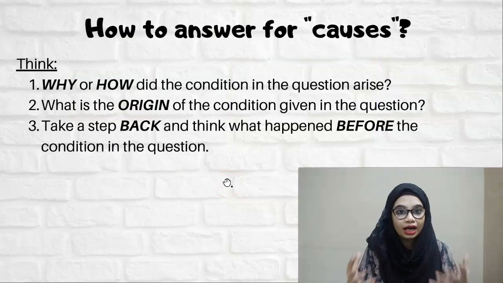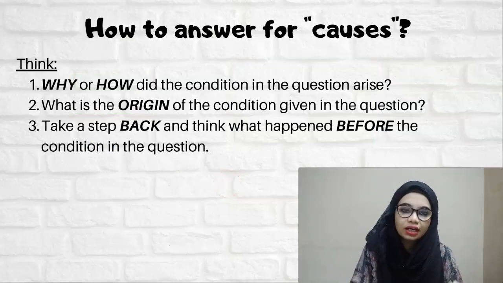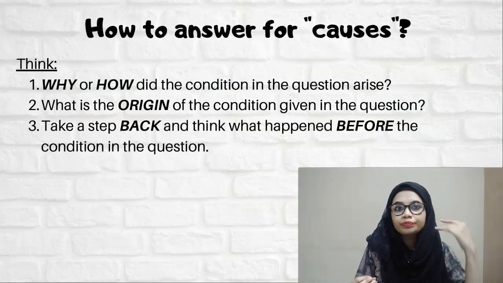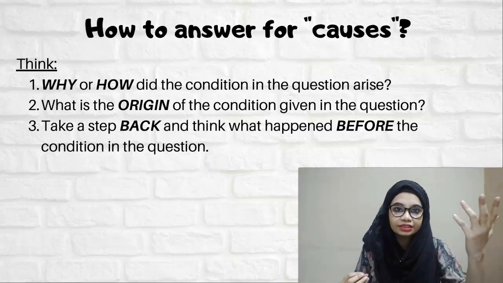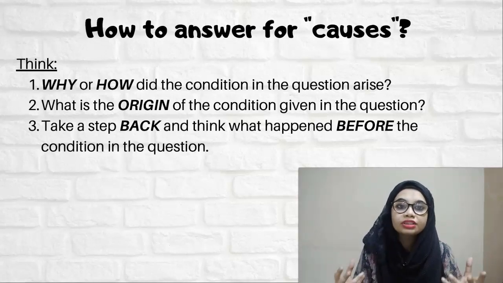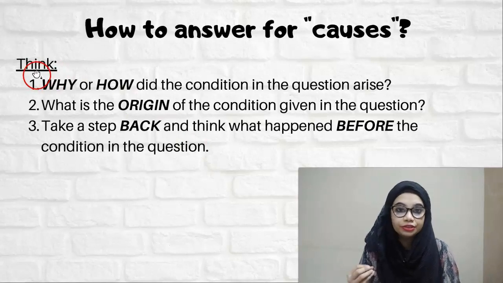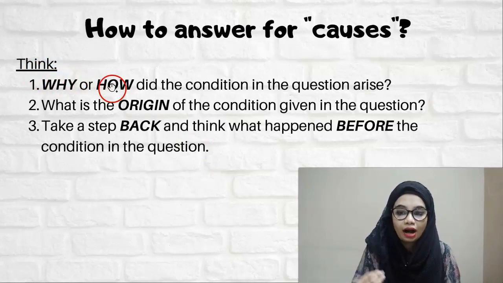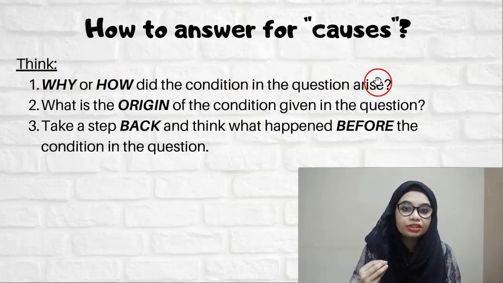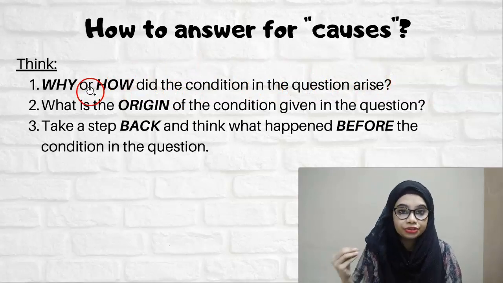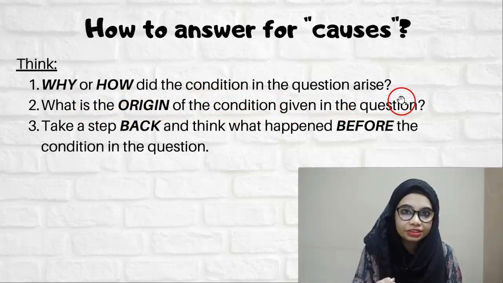Now, how to answer for causes? What should your mind be at when the question is asking what are the causes and solutions? You should think, why or how did the condition in the question arise? What is the origin of the condition given in the question?